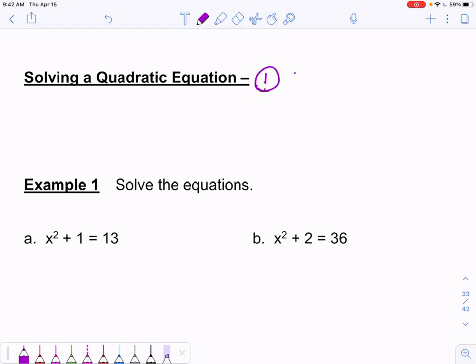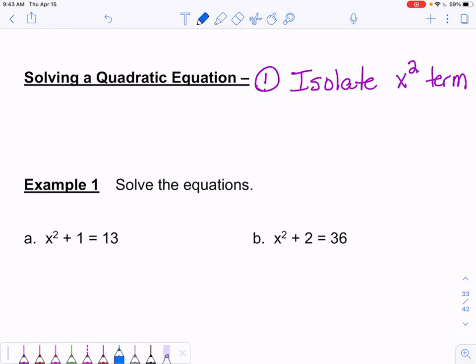Step number 1 is to isolate the x squared term. No longer is it an x by itself, but now we're trying to get x squared by itself. Isolate means get it by itself. It's just a fancy way of saying get it by itself. So to solve a quadratic equation, we have to isolate x squared.